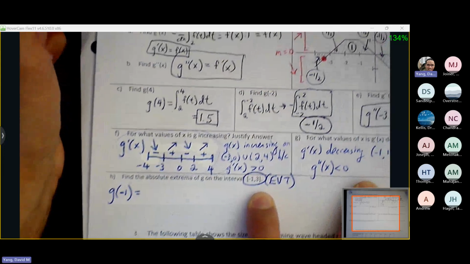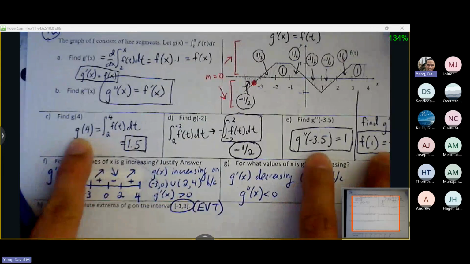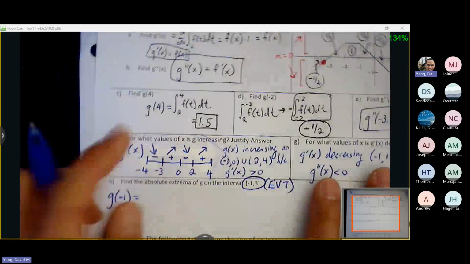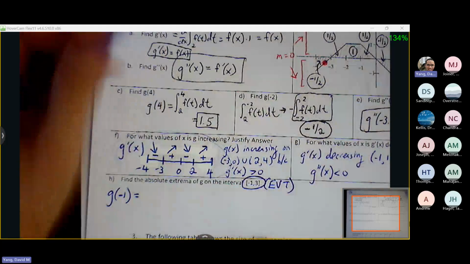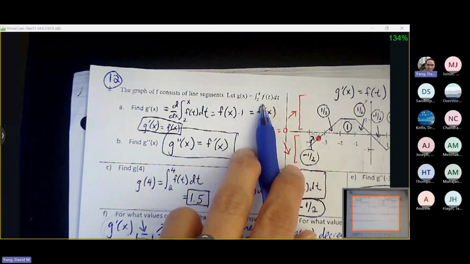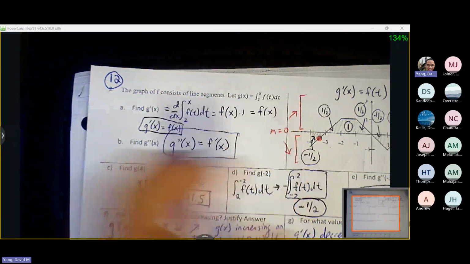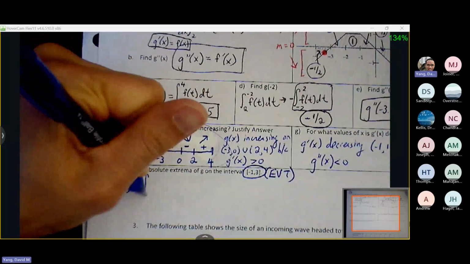So let me start off with my first endpoint, G of -1. Did not get that from my original from above. So we're going to go back to our definition and build it from scratch. So G of -1 will be the integral from 2 to -1. Follow what the rule says.